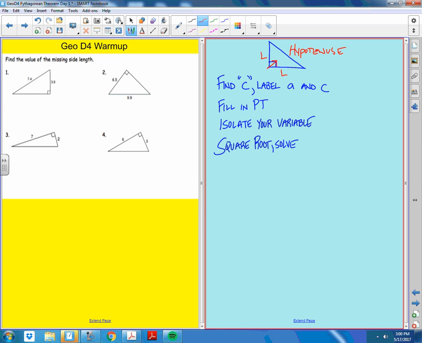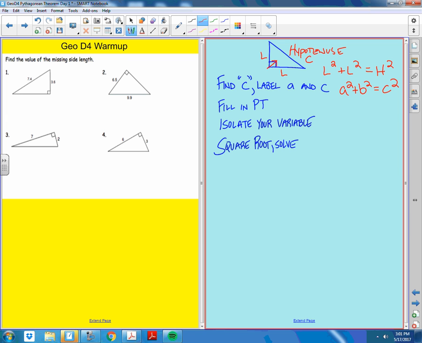What Pythagoras discovered is if you take the length of a leg and square it, and add it to the square of the other leg, then they will always equal the hypotenuse squared. Or more specifically, if you label the sides A, B, and C, with C always being the hypotenuse, then A squared plus B squared equals C squared.